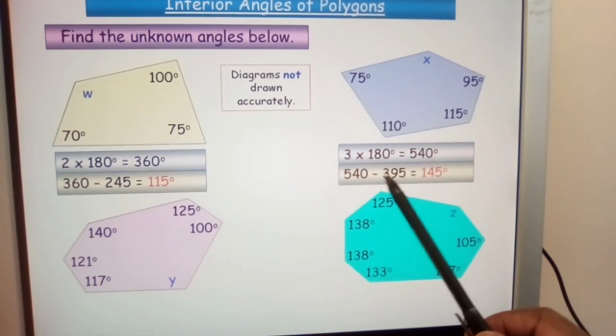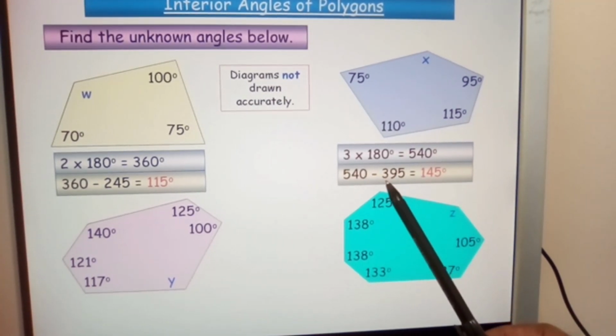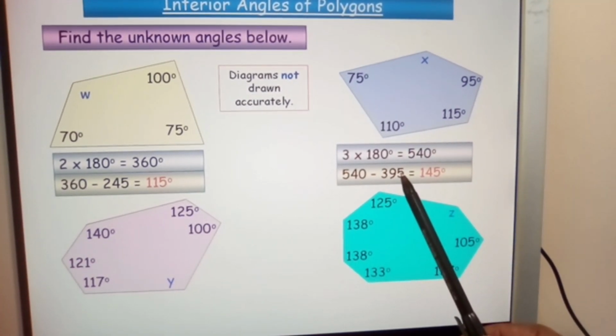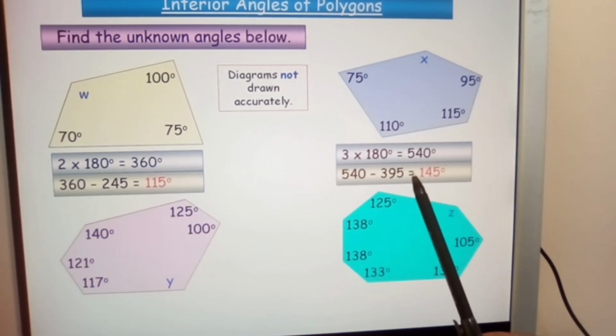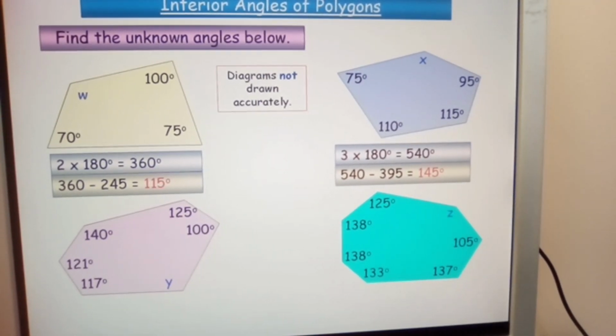It gives us 395. We subtract 395 from 540, which leaves us 145 degrees for X.